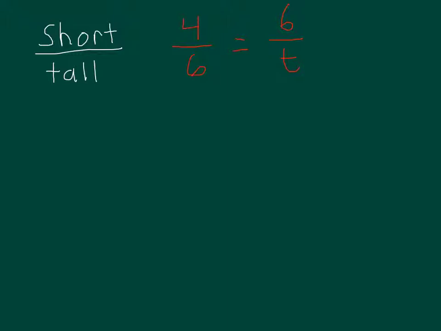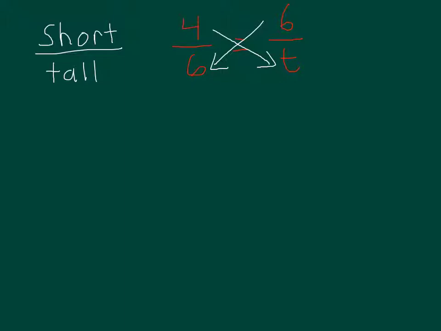Right here we have our proportion again. 4/6 is equal to 6 over t, and we're solving for t. Our next step is to find out what t is. We currently don't know what it is, so our step is to cross multiply the diagonals. So we're going to multiply 6 times 6 and this 4 times t.